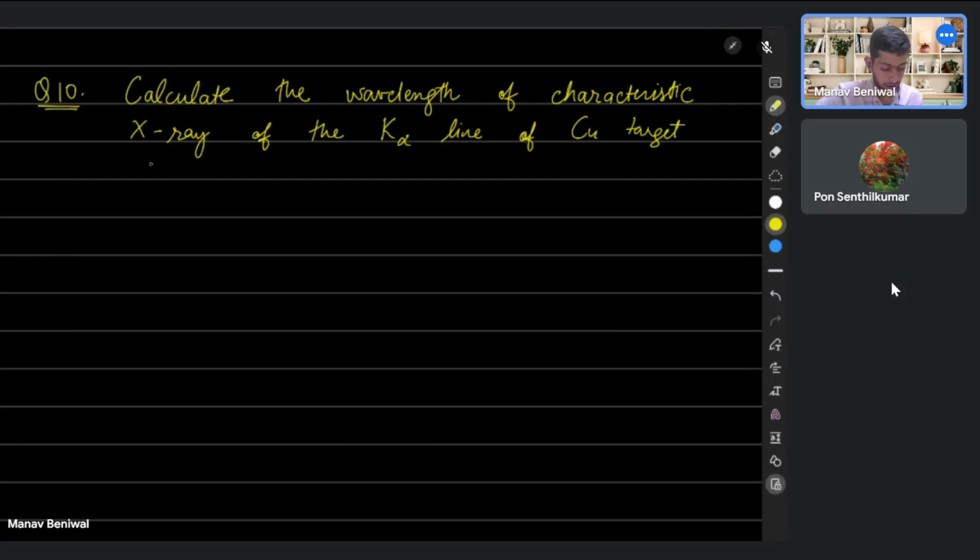We have one copper target, and we hit it with electrons, which produces X-rays. The characteristic X-ray is called the K alpha line.